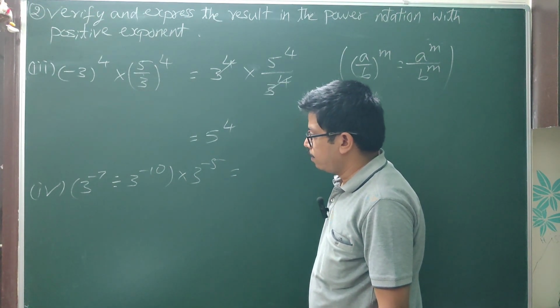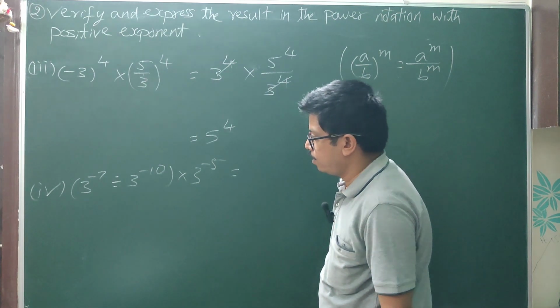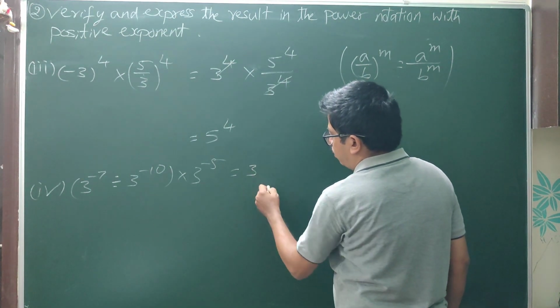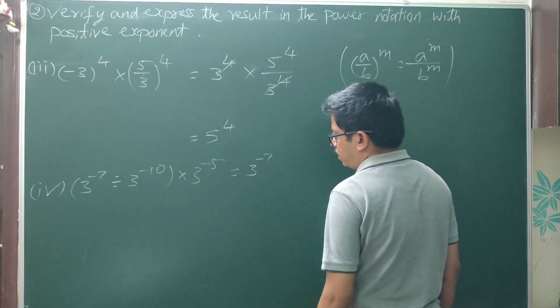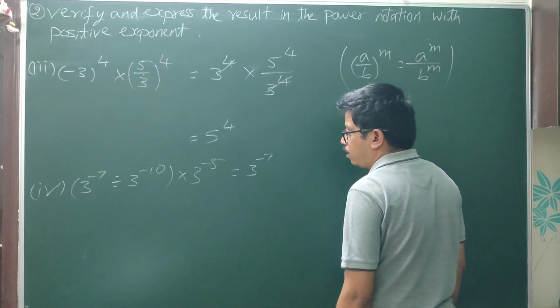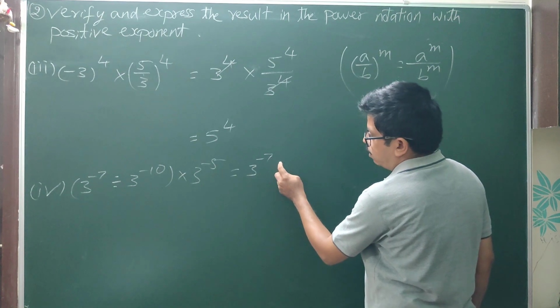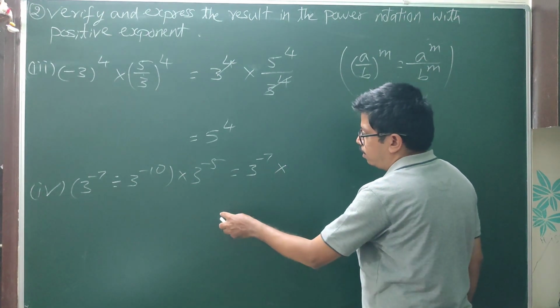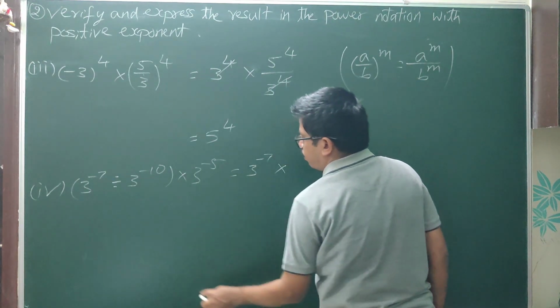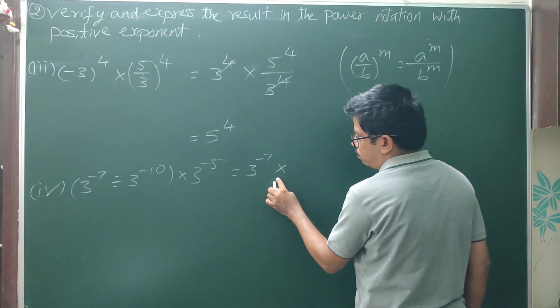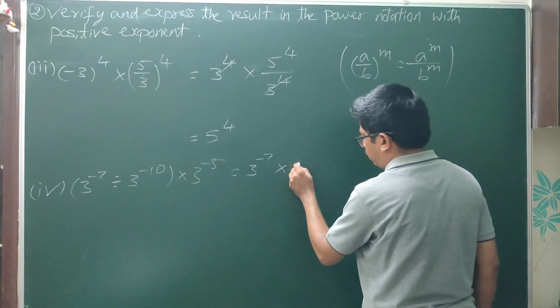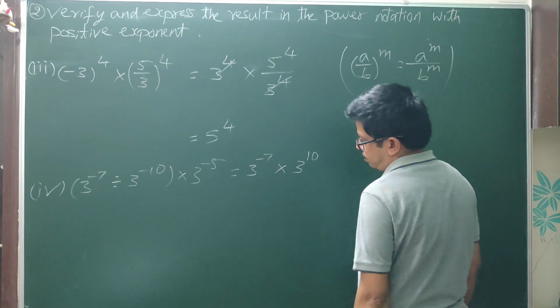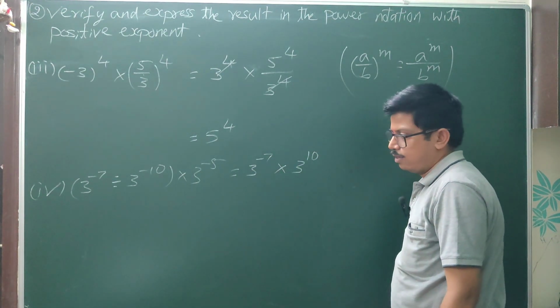So here 3 power minus 7 into, just have a look, I have written this divided by symbol into again this and changing the sign of the power. You can just write it.